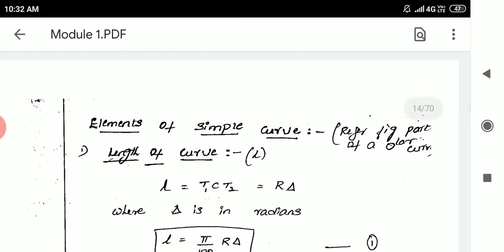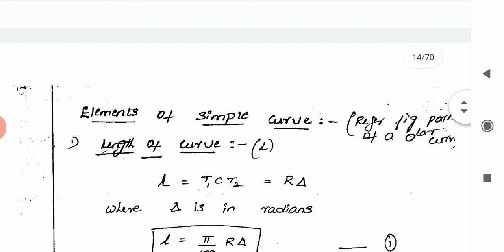So we will discuss the length of the curve. See here, how the length of curve is shown.